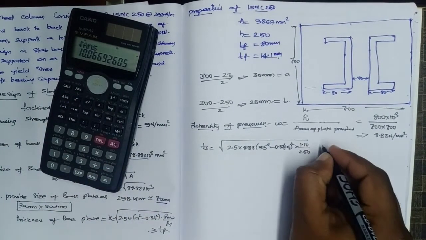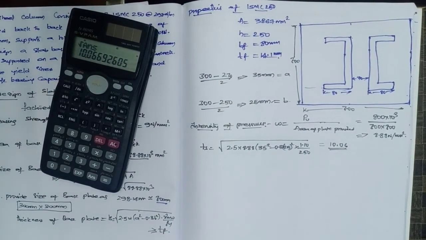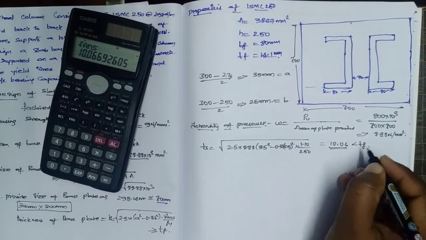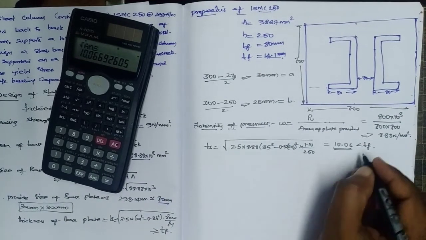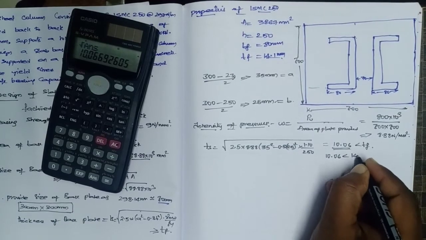So you are getting how much? 10.06, okay, which is less than thickness of flange, means 10.6 less than 14.1.